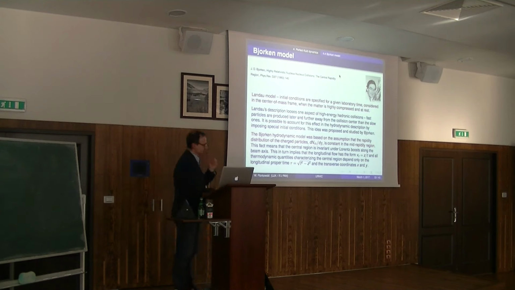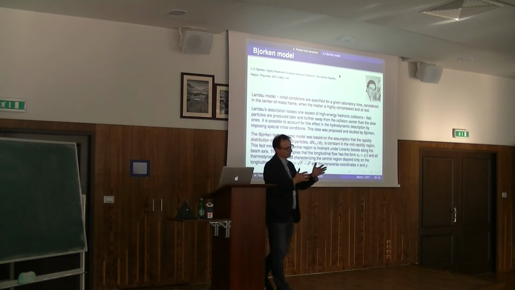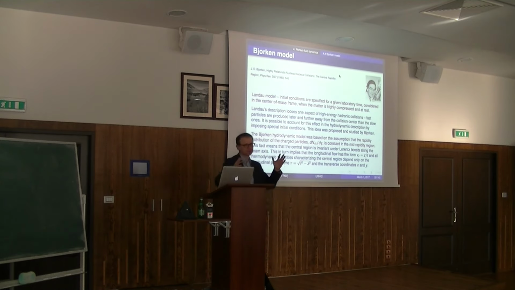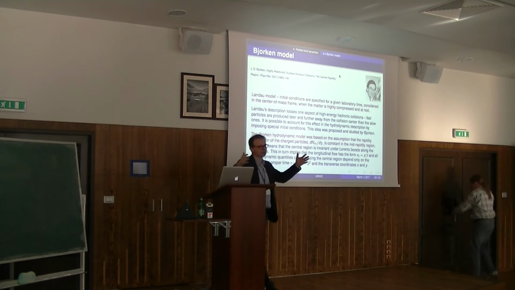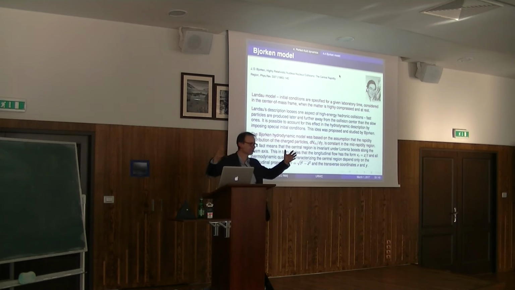So boost invariance is, of course, the idea that if you make the Lorentz transformation, the Lorentz boost, then the system doesn't change. This idea can be applied at very high energies, because if you think that you have two nuclei which collide and they move with speeds which are close to the speed of light, then if you make the boost, the initial condition is practically the same.